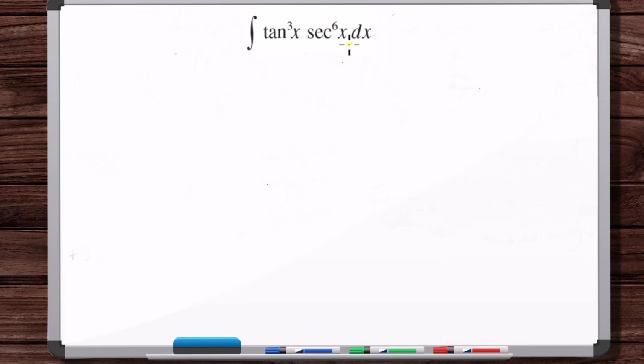Okay, we have an even power of secant, and then it doesn't matter what the power on the tangent is. Now, if the power on the secant is odd and the power on the tangent is even, in this case, we separate out a secant squared x. Then we want to make all of this a function of strictly tangent x.